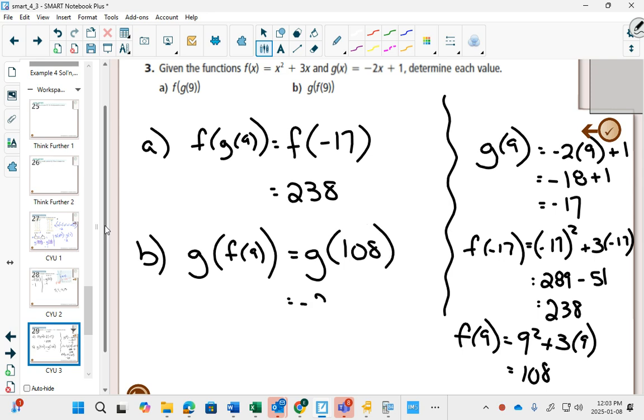And g of 108, that's what I'm just going to do right here, would be negative 215.